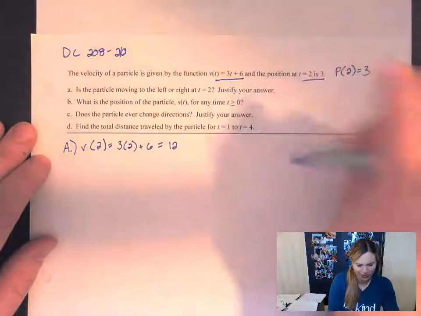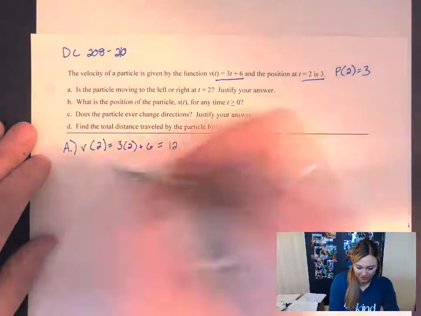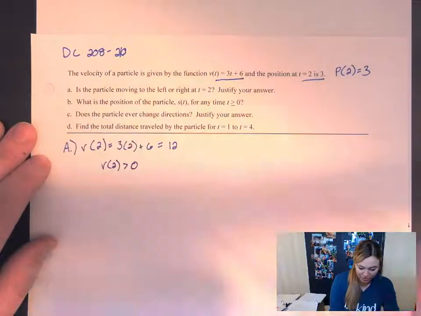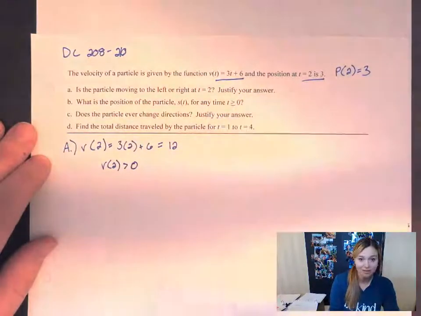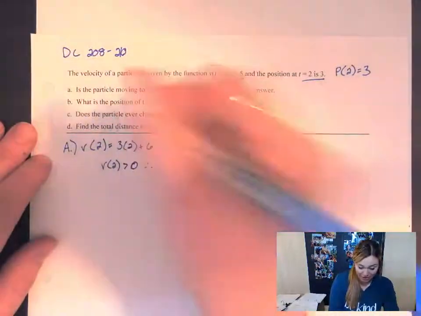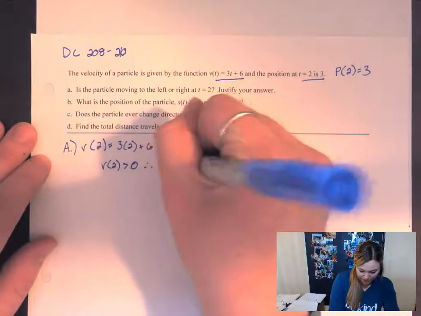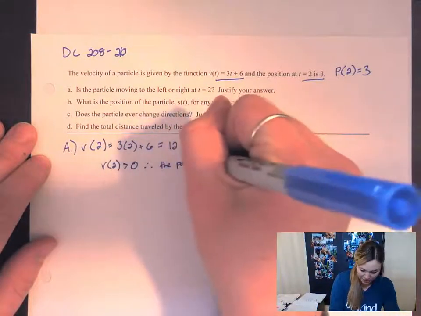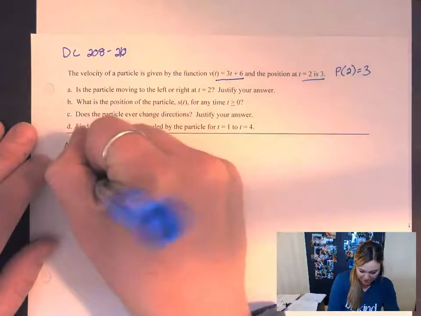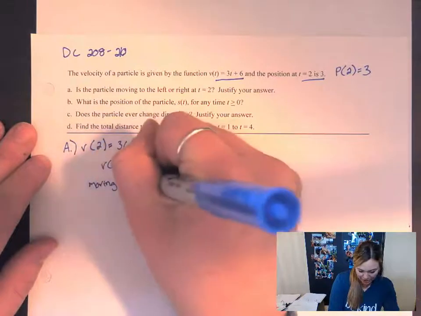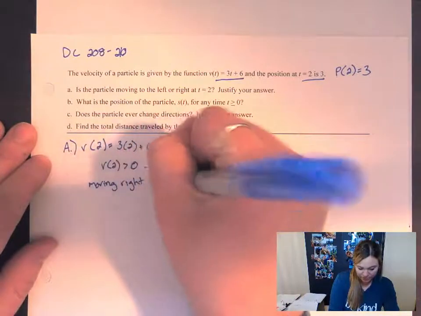And this one, it's really crazy, but we don't have any units. V of 2 is greater than 0. I'm justifying. Therefore, and I'm answering my question, the particle is moving right, or to the right, at t equals 2.